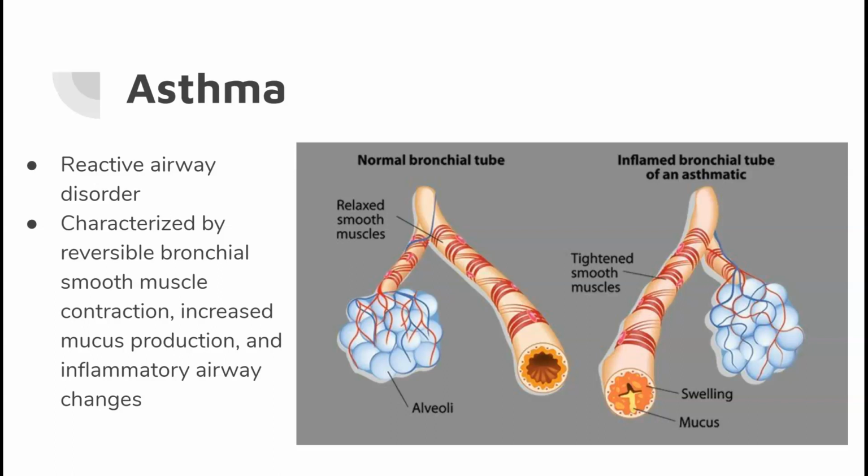So this is why when we treat an asthma attack as ALS providers, we start off with the albuterol, the ipratropium, which works similarly, where it's a parasympathetic antagonist, so it shuts down that constriction caused by the parasympathetic side. And then you could also give MAG, right? We've talked about the MAG a little bit before, right?